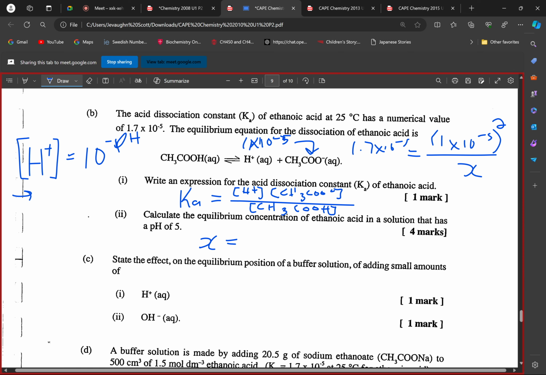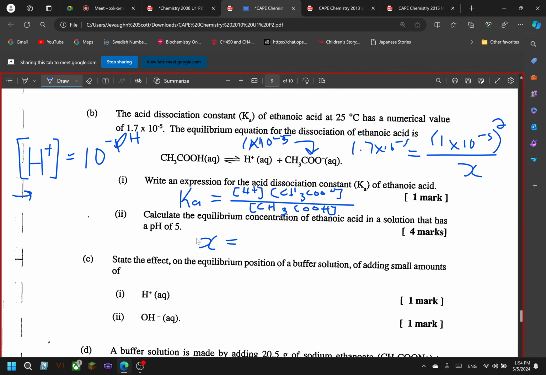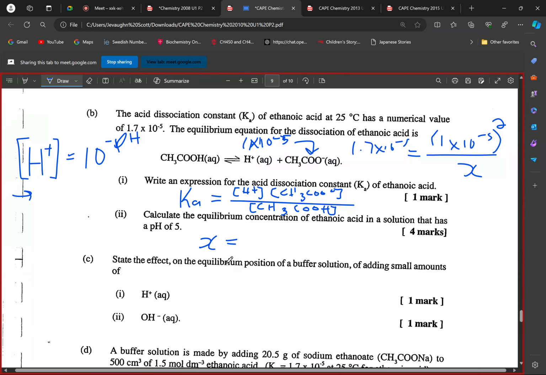Sir, x is equal to 1 times 10 to the negative 10 over 1.7 times 10 to the negative 5. Sir, I can't see that number. Okay, we're going to write it. Oh, it's right there. All right, go ahead. All right, Riri, go ahead.